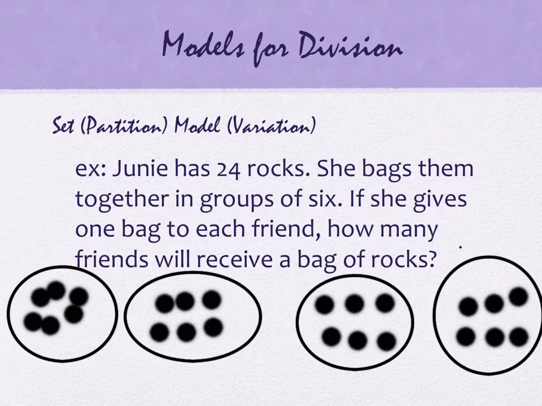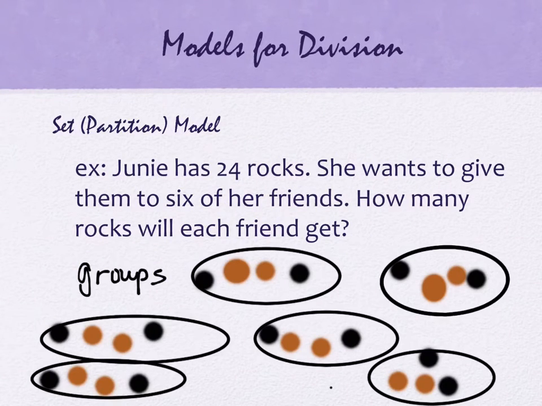So this one's a little bit different. She's still removing 6 at a time, but as she's removing those 6 at a time, she's not handing them to the 6 friends, she's making piles of 6 rocks. So on this perspective, I would have never answered the question over here. Each of the friends got 4 rocks, right?